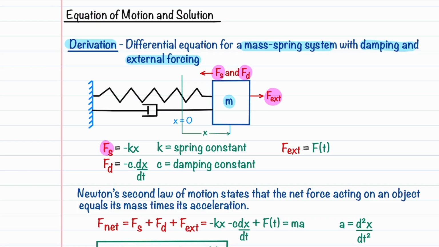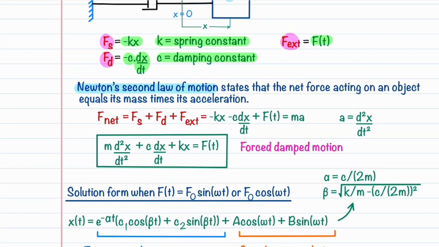The force due to the spring is equal to minus kx, where k is the spring constant, and the force due to the dashpot is equal to minus c times dx/dt, that's the velocity, and c is the damping constant. The other force acting on the system is the external force, and we're going to say for now that that is equal to f of t.